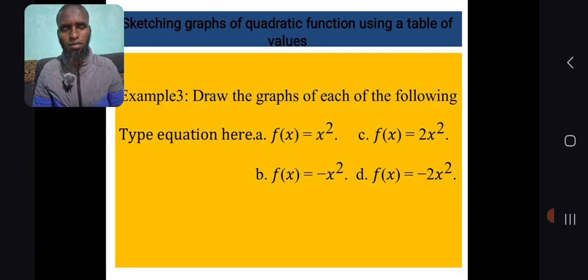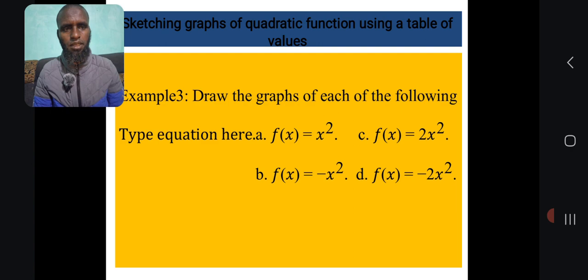If you see f of x equals x squared, you have b and c equal to 0, because the function has the form f of x equals ax squared plus bx plus c. Since we have no b and c, which means b and c values are 0 here, and the value of a equals 1 for the first part.